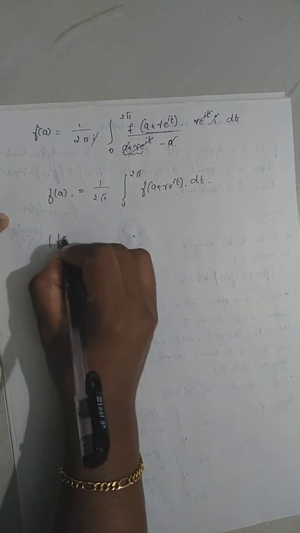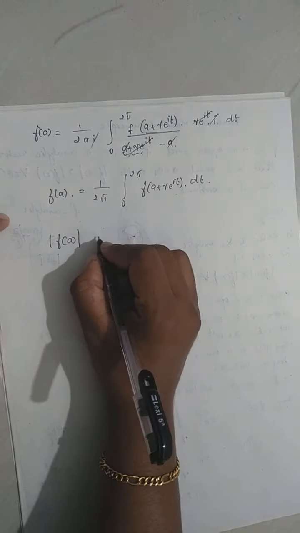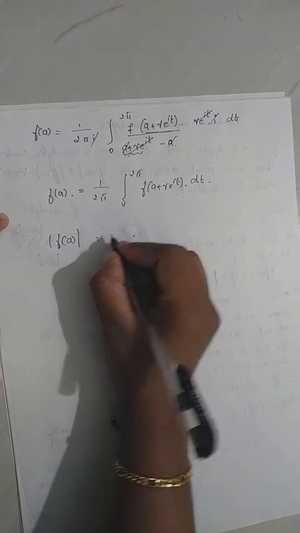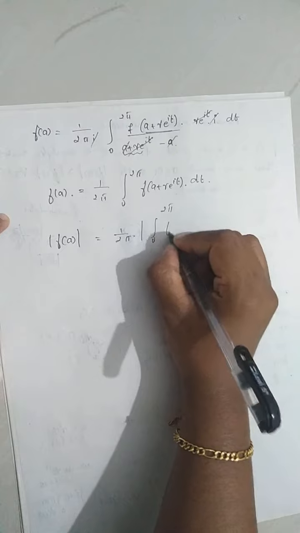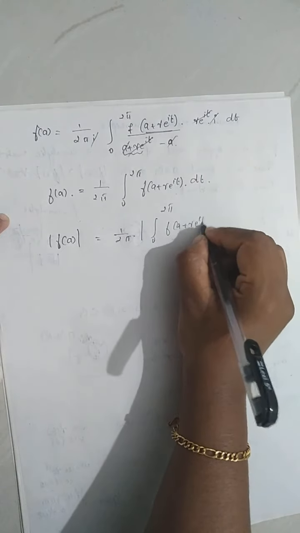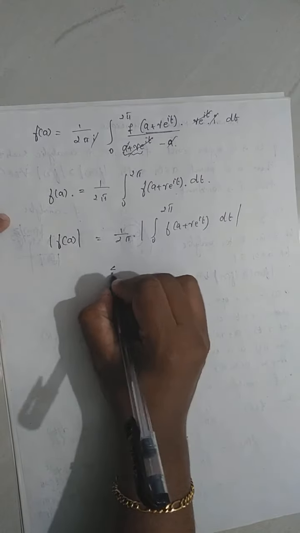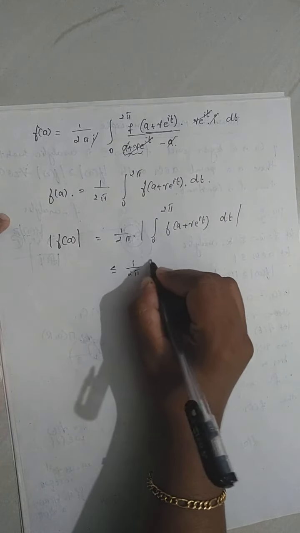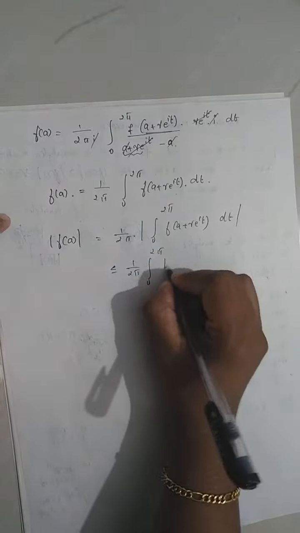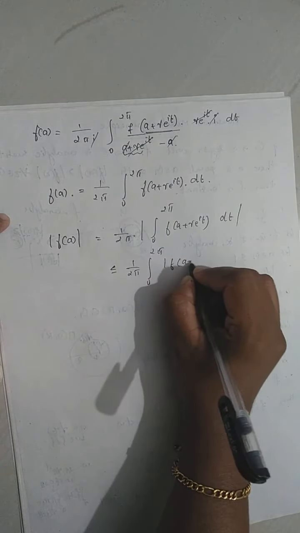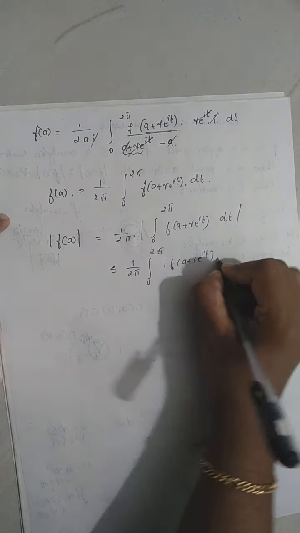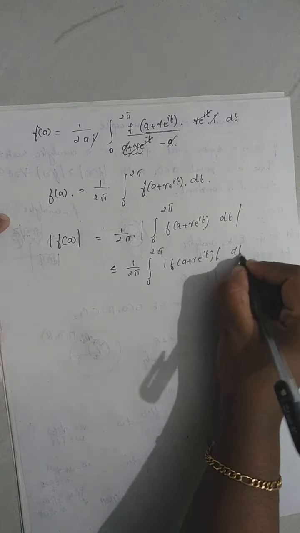Then what will be mod f of a? Mod f of a will be equal to 1 by 2 pi into modulus of integral 0 to 2 pi of f of a plus r e raised to it dt. So this is less than or equal to 1 by 2 pi into integral 0 to 2 pi of mod f of a plus r e raised to it dt.